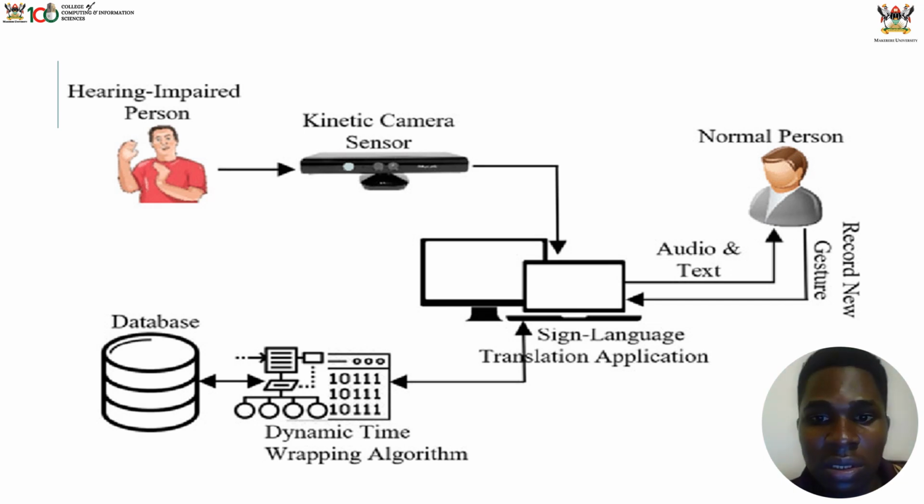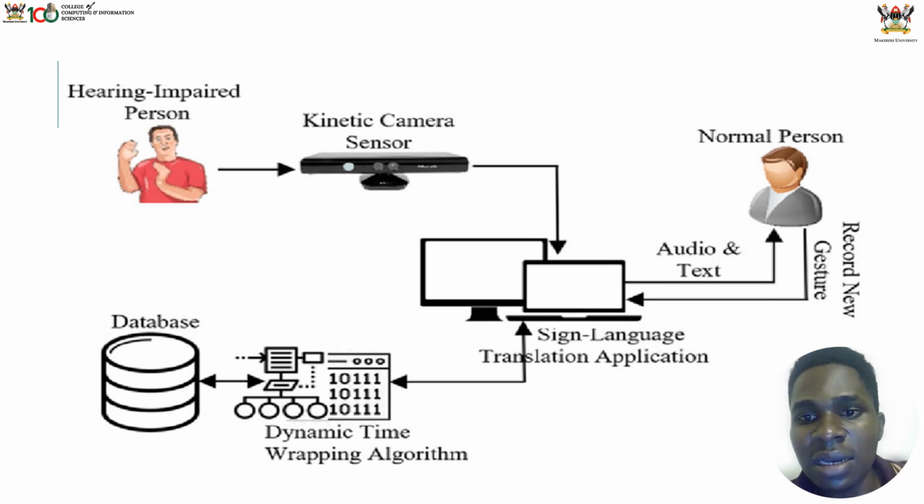So this would help the normal person to give feedback, or record a new gesture. If he understands the gestures, then he can also recreate a gesture and give feedback.